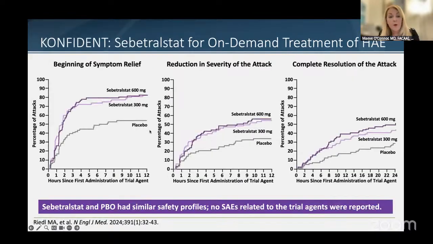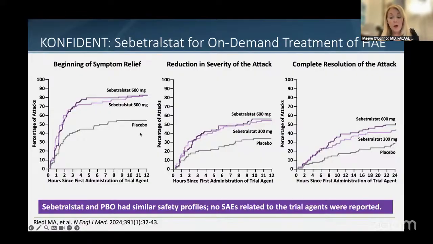The CONFIDENT trial, looking at sebetralstat for on-demand treatment of HAE. This is an oral plasma kallikrein inhibitor for acute HAE attacks. The study here, as you can see from the results, demonstrated faster onset of symptom relief, significant reduction in attack severity, rapid complete resolution of attacks, as well as a favorable safety profile.